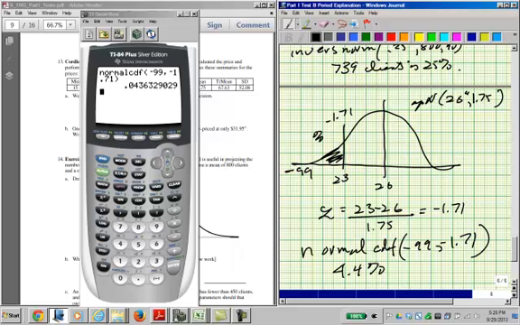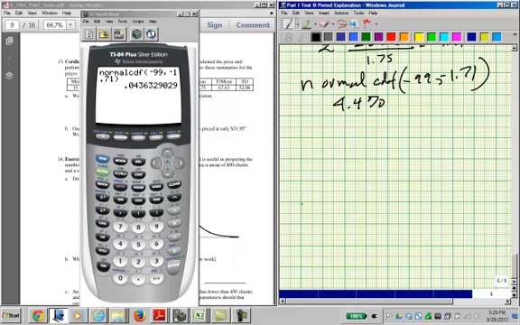Okay, 4.4%. Now, they want no more than 3% of the output to be under the limit. Okay, so what does this mean? So we want the mean to be the same. We don't want to start pouring more concrete because that costs money.